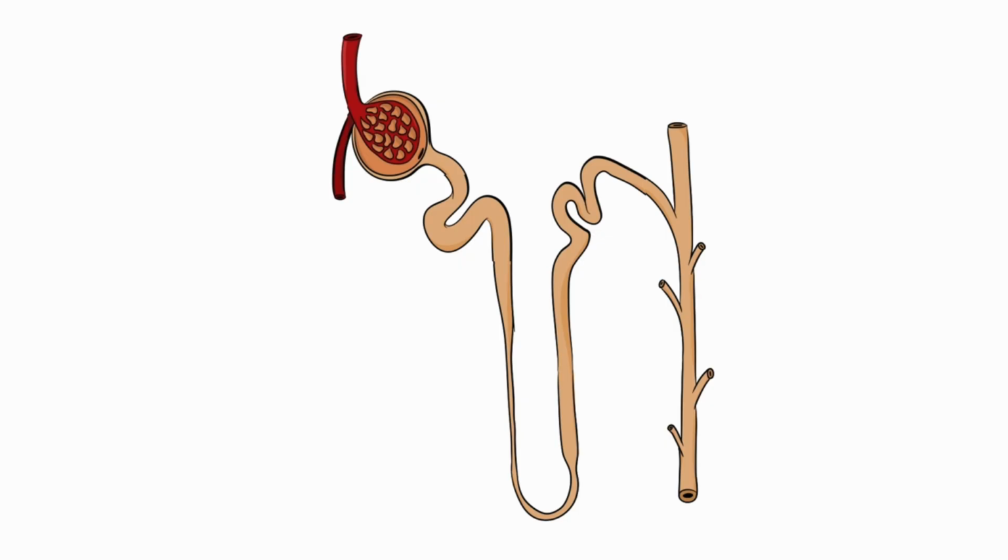Finally, most of us are accustomed to viewing the nephron in this orientation, which shows the glomerulus, proximal convoluted tubule, loop of Henle, distal convoluted tubule, and collecting duct, progressing from left to right.